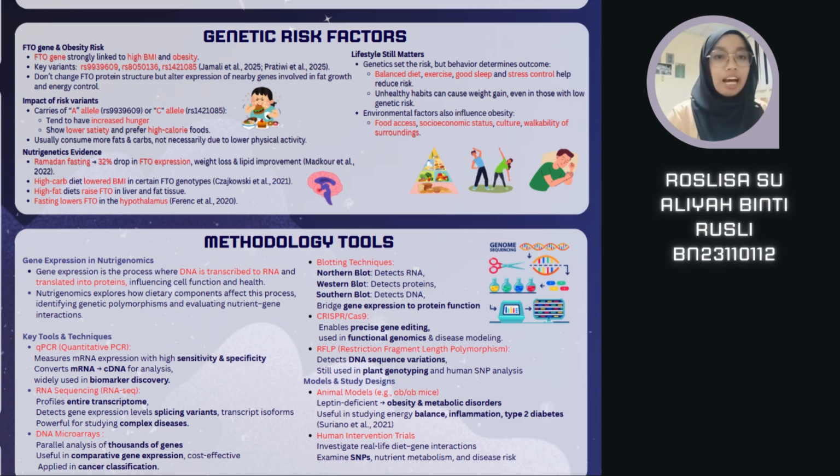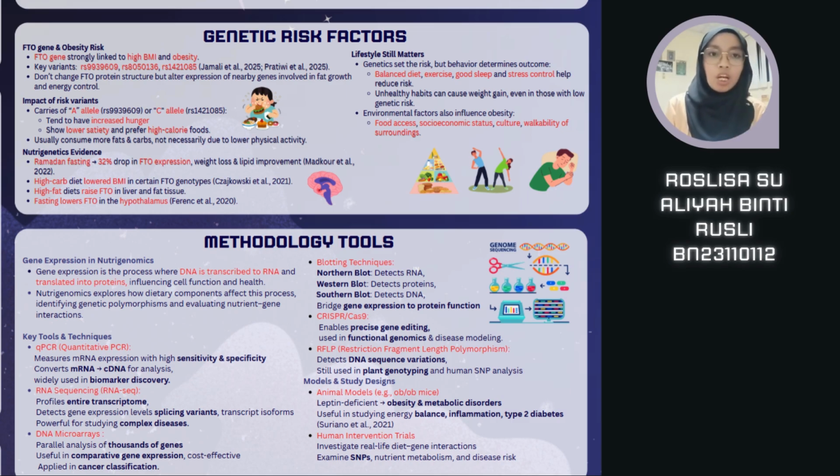Interestingly, fasting tends to reduce FTO levels in the hypothalamus, while a high-fat diet increases them in fat and also the liver tissue. So, even though genetics set the baseline risk, behavior and also the environment shape the outcome.